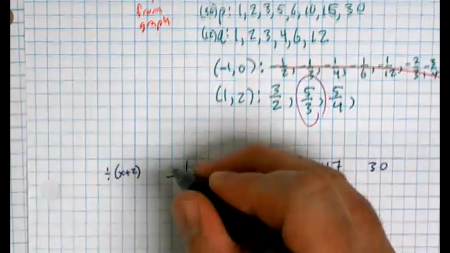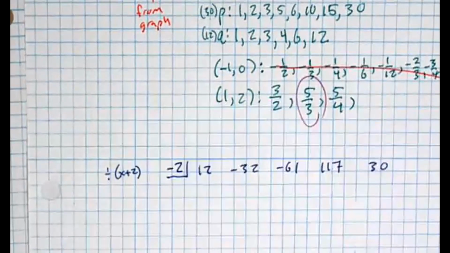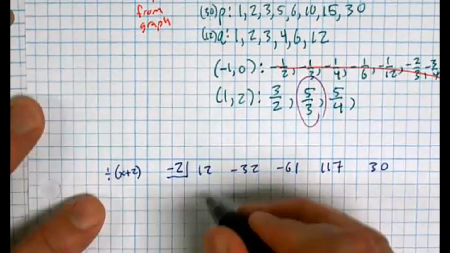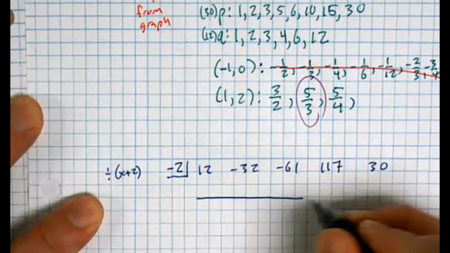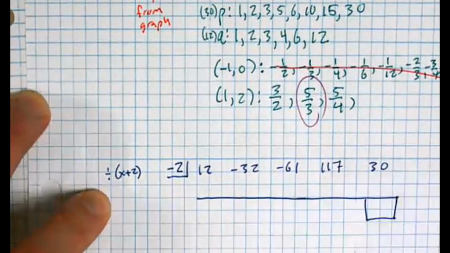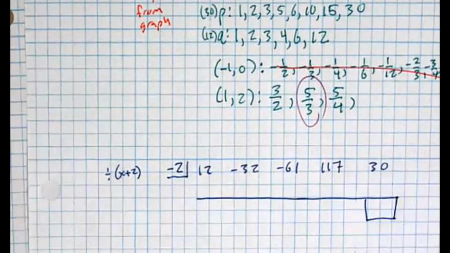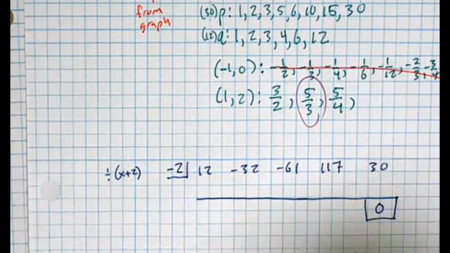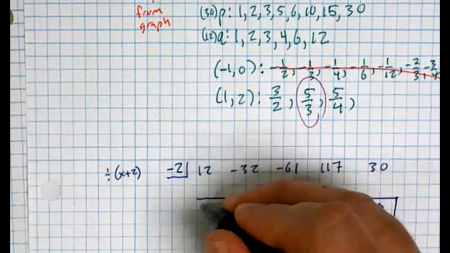So when I divide by x plus 2, we're going to have a negative 2 in the box here. And we know that's a factor, so what should we get for a remainder? We should better get 0 for a remainder. So go ahead and do your synthetic division. And keep your fingers crossed for that 0.